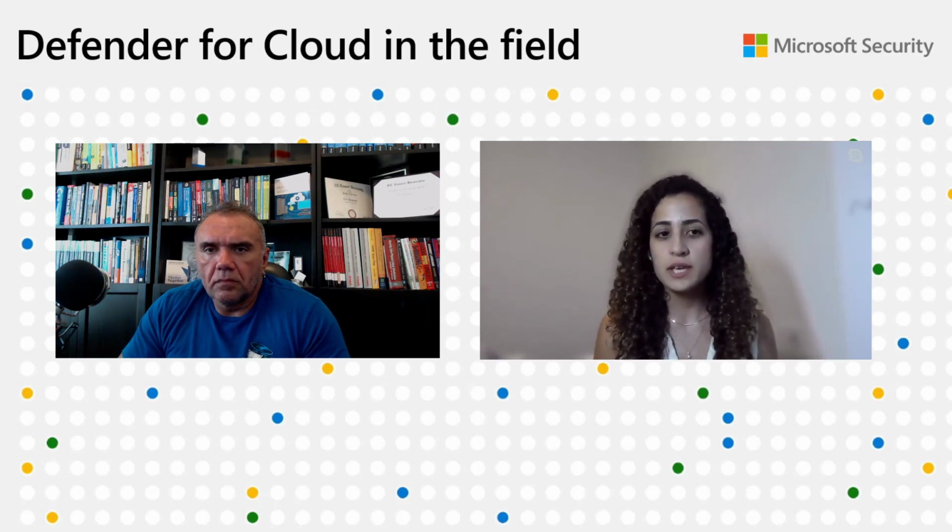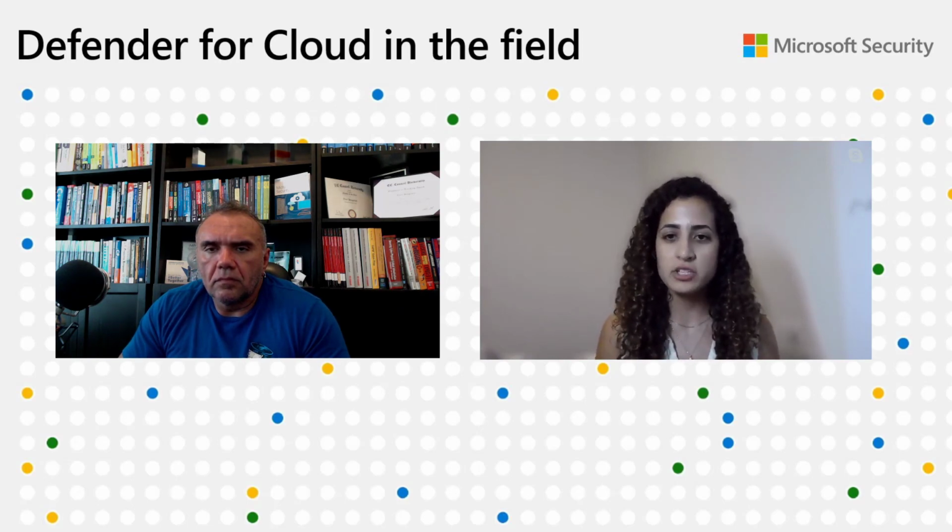We do that using the Arc agent, and customers can perform Arc auto provisioning from the cloud connector settings, and then we will automatically install the Arc agent on their cloud machines.